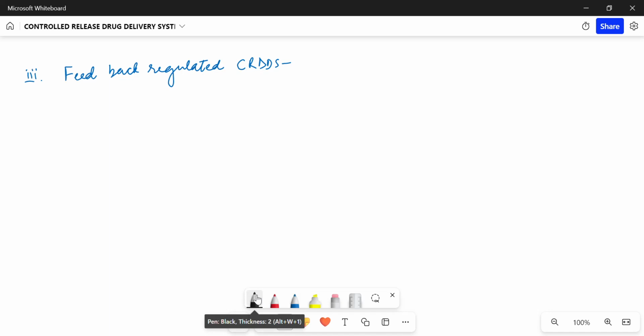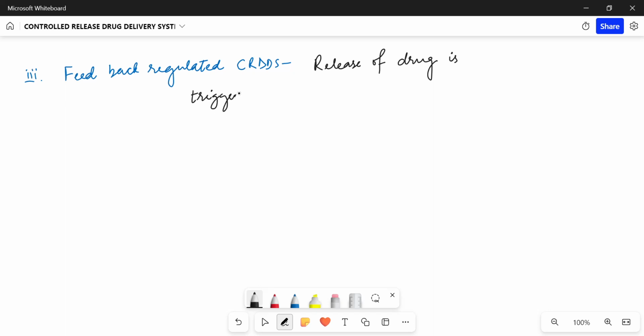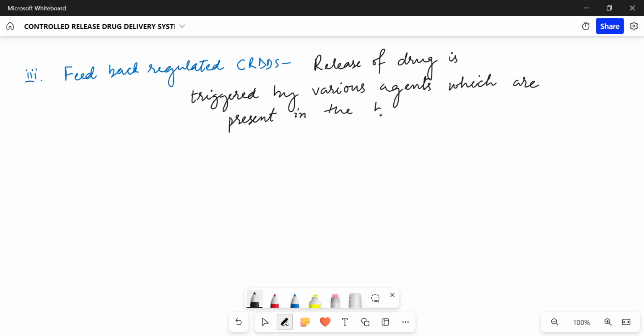In this type of system, the release of drug is triggered by various agents which are present in the body fluids.